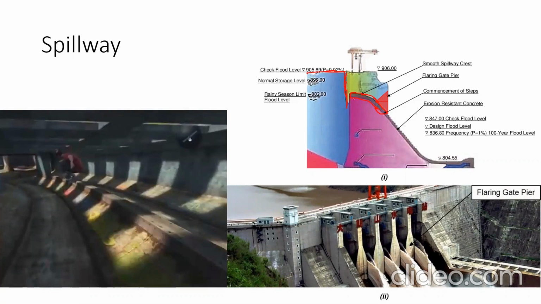It is the inner part of the dam, and the way is created for the flow of the water. Water will flow through this, and this is situated in the dam itself.